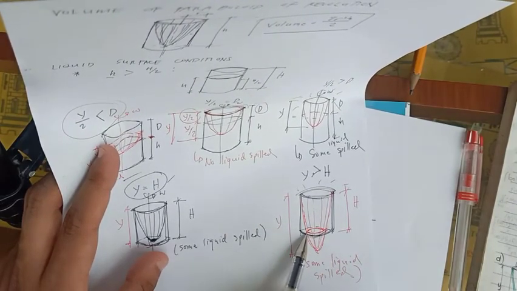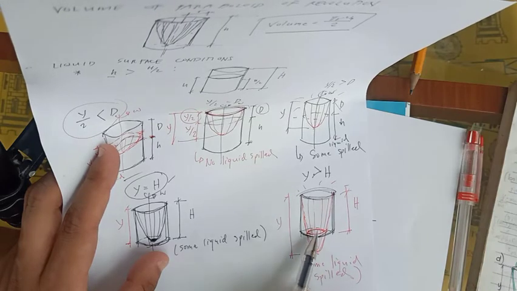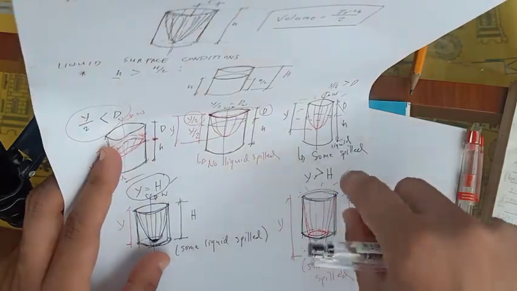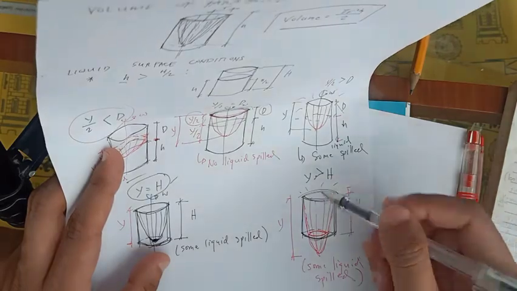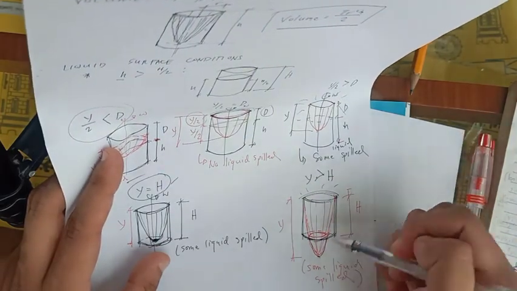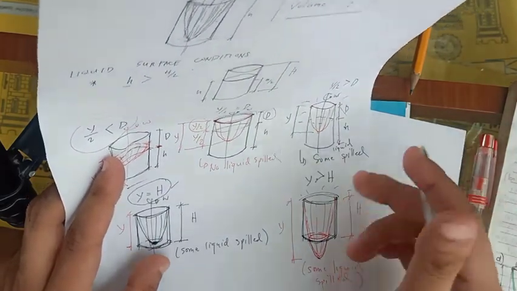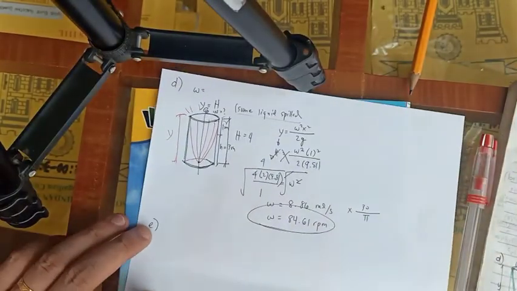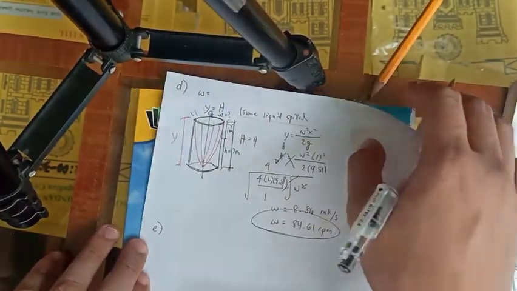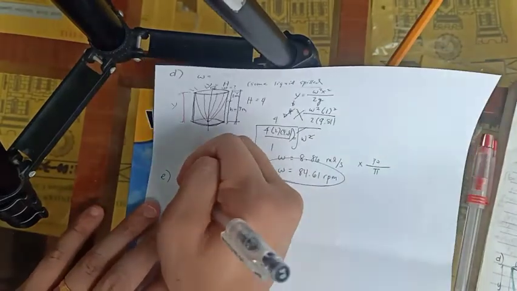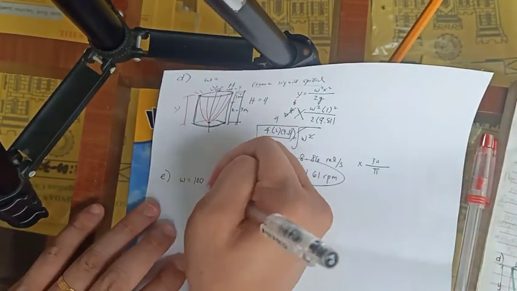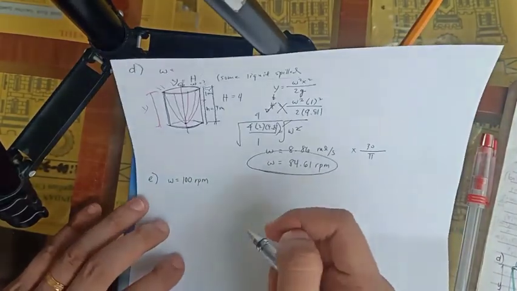The paraboloid comes out at the bottom. So there are two paraboloids, I mean, this one and as a whole. As a whole paraboloid. Omega equals 100 RPM.